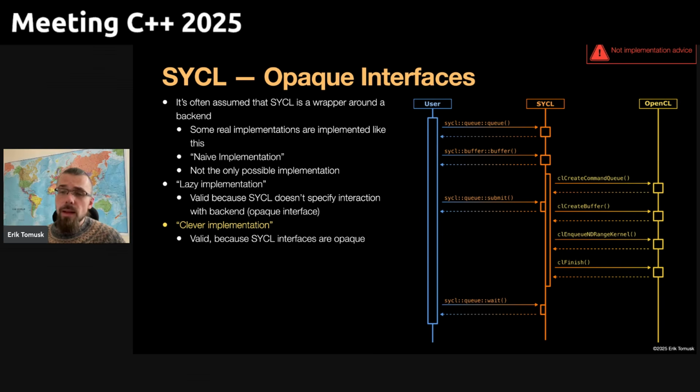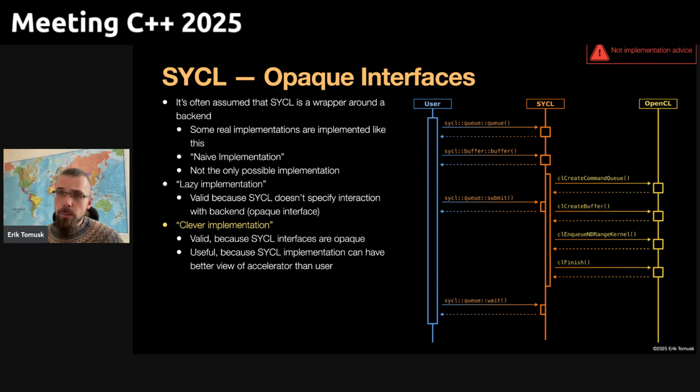So again, this is quite a decoupled implementation. This is valid because SYCL interfaces are opaque. The SYCL specification doesn't tell you when things should be happening with the backend. This could be very useful because the SYCL runtime could have a much clearer view of what's happening with the backend than the SYCL user.